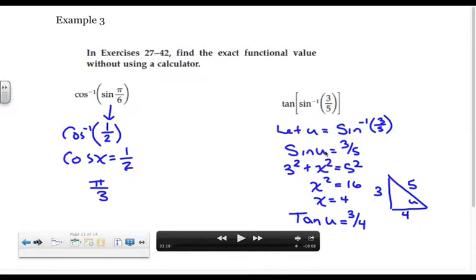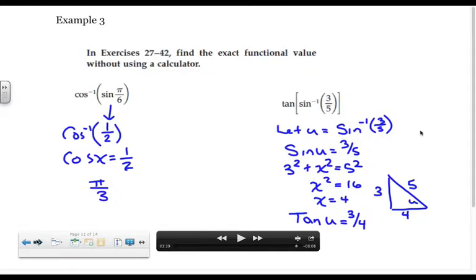So of this angle here, this u, this is my opposite, and this is my hypotenuse. I use the Pythagorean theorem to find my adjacent. Now, I know that tangent is opposite over adjacent, SOHCAHTOA, right? So I could say that tangent of u equals the opposite over adjacent, and I do not need to know what u is.